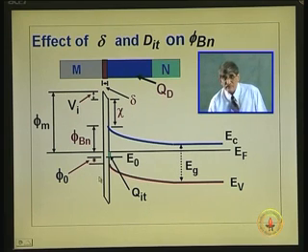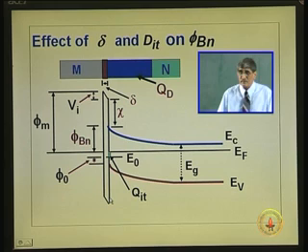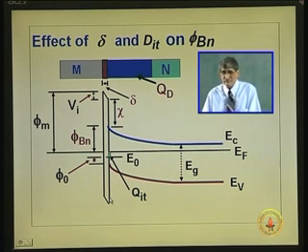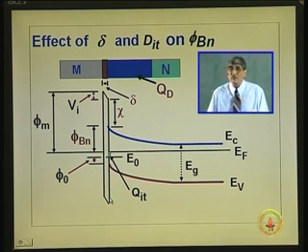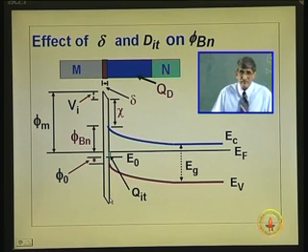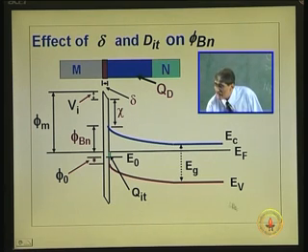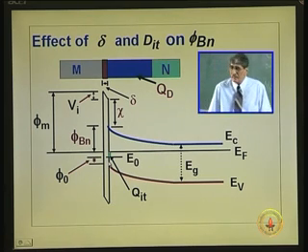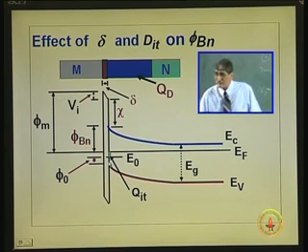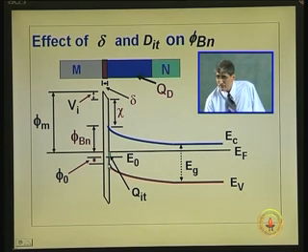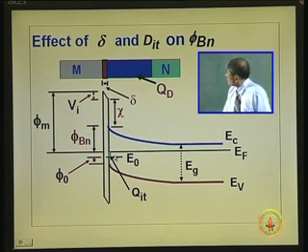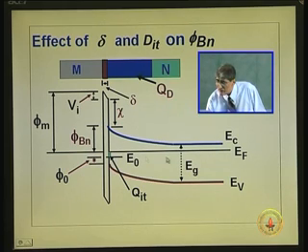But in this situation, just notice what has happened. I have drawn the diagram. After all this band bending, suppose the neutral level is here. I have just drawn that hypothetically. E naught I have put there, phi naught at this point. There is a gap and I have just put light shading in this portion.